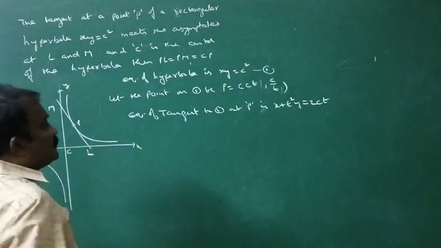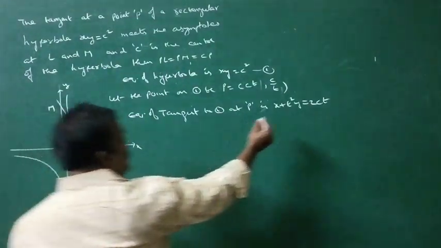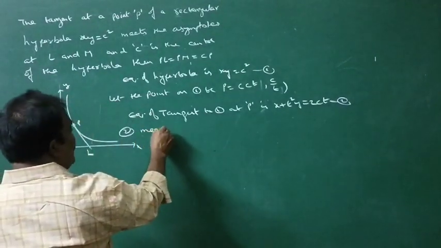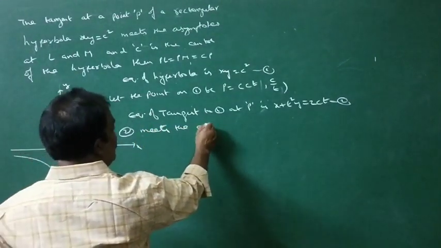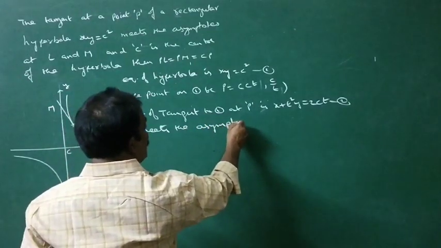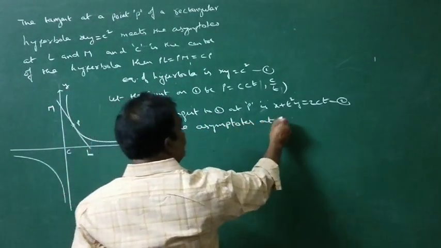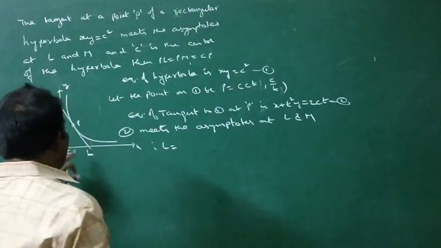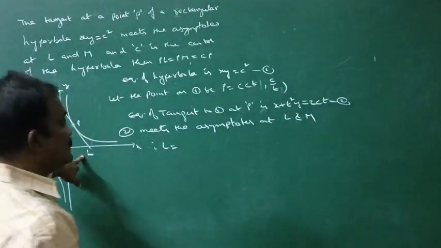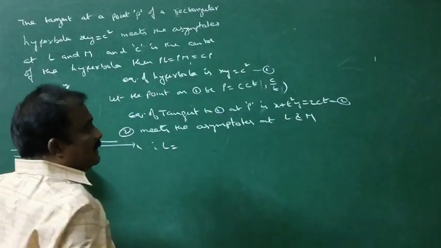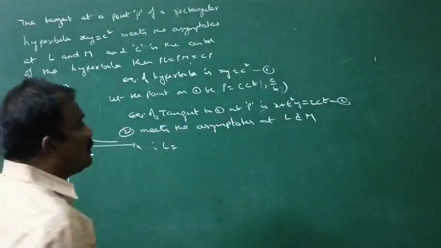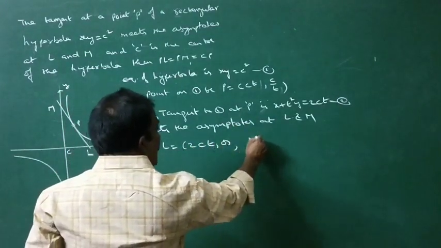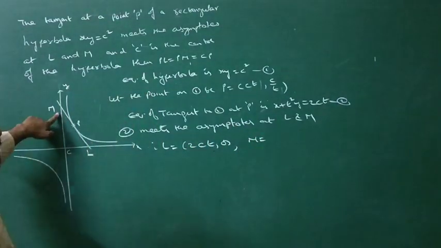Now this tangent meets the asymptotes at L and M. This is 2. 2 meets the asymptotes at L and M. Therefore, L is the point on the x-axis. Therefore, the y coordinate is 0. By taking y equal to 0, x equal to 2ct. L is 2ct comma 0 and M is the point on the y-axis.